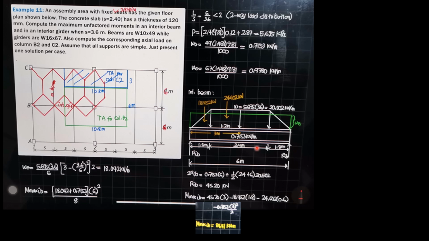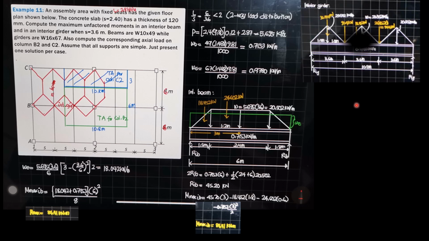Then to be added with 0.7153. So the total equivalent uniform load is 18.042 plus 0.7153. The maximum moment in the interior beam is total uniform load times L squared, 6 squared over 8. And we get the same answer of 84.41 kilonewton meters. Then we have to consider the interior girder.